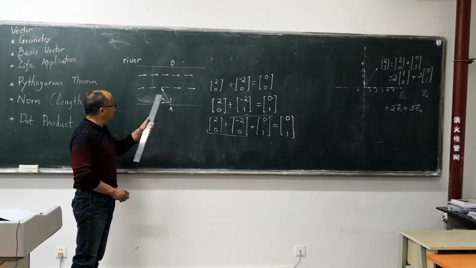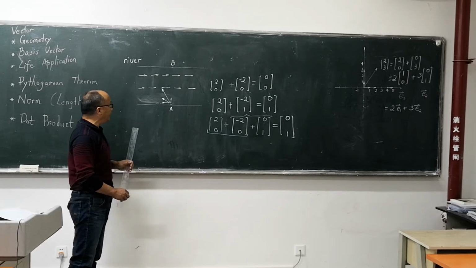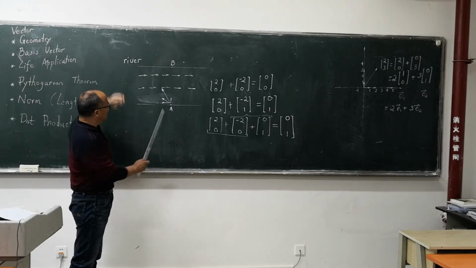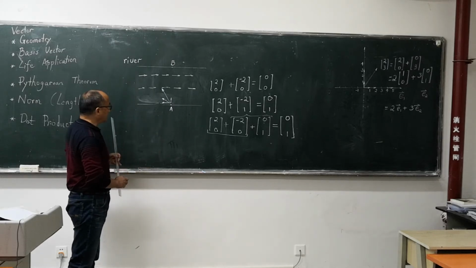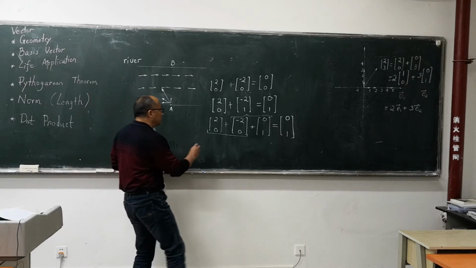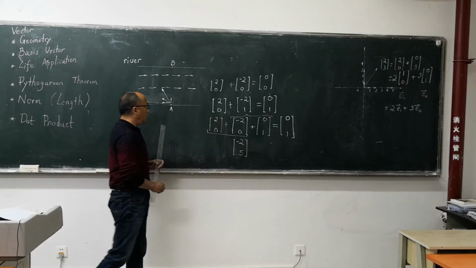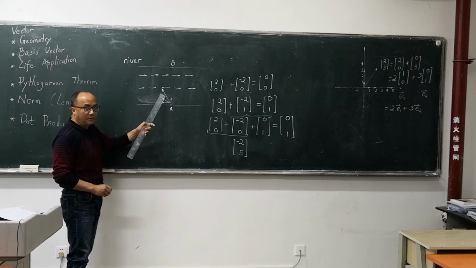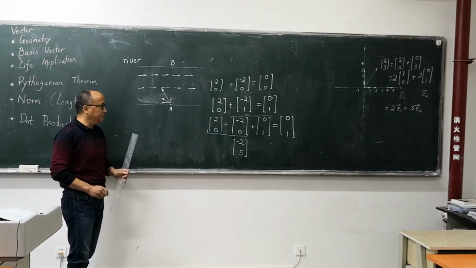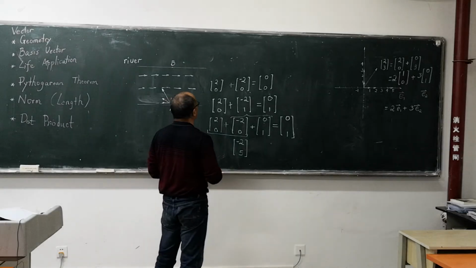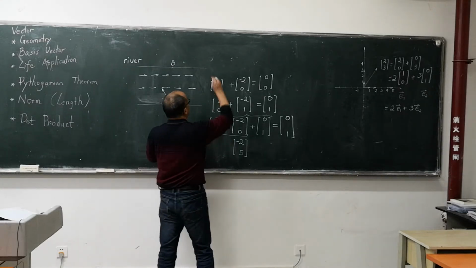Okay, now the third scenario. The boat is going this direction, minus 2, 5. I'm out of space.